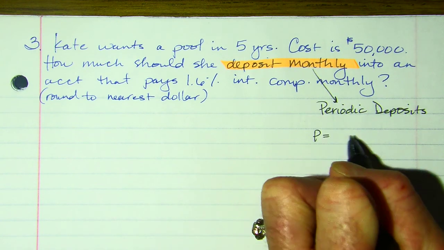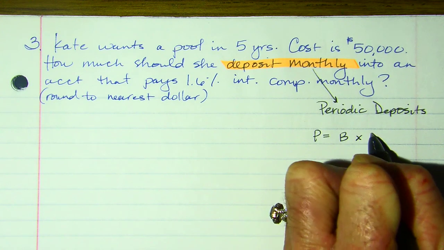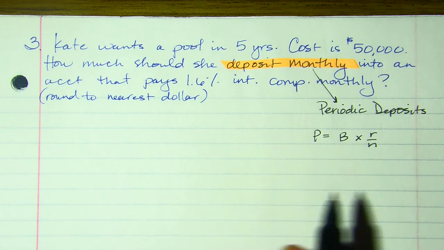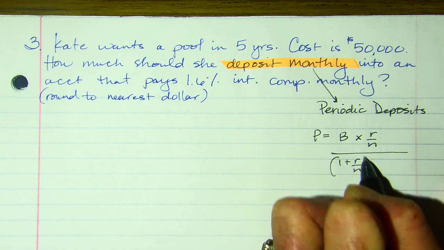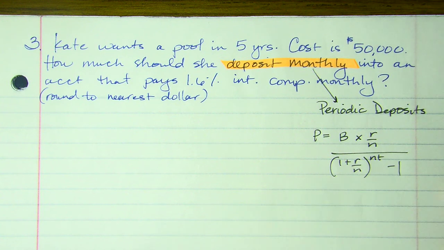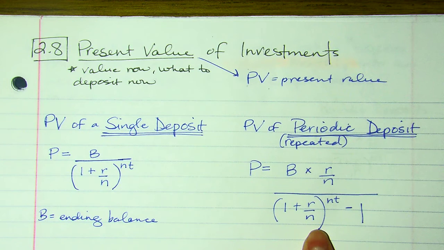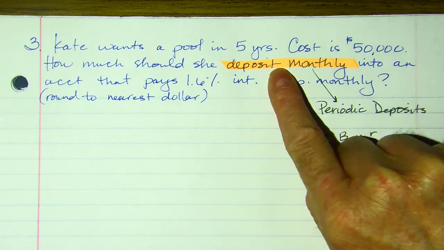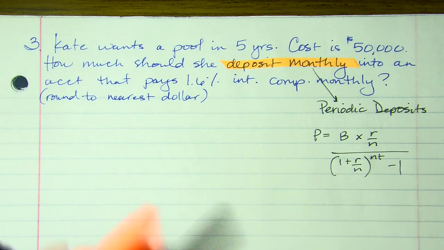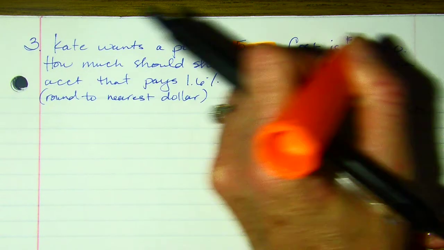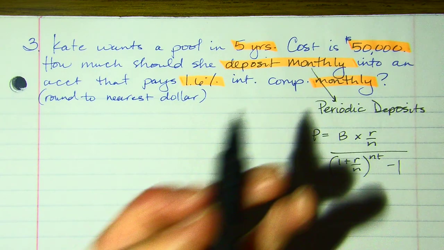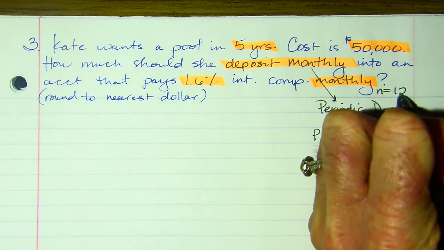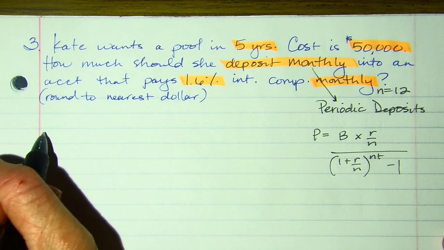That's principal equals balance times rate over n, all divided by 1 plus r over n to the n times t, minus 1. So that is the second formula I gave you right here. And I'm using that because I'm making more than one deposit. So let's see here, 5 years, 50,000, here's my interest rate, compounded monthly, so I know that n must equal 12.